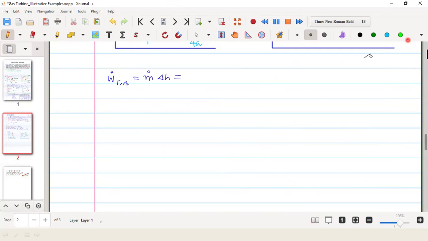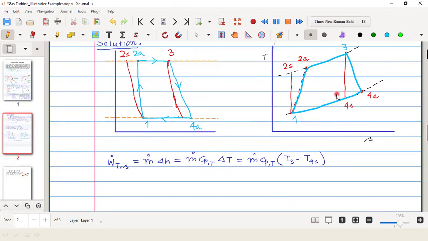That is m dot Cp for the turbine multiplied by delta T. So that is equal to m dot Cp for the turbine multiplied by (T3 minus T4s). T3 minus T4s. Actually, this is theoretical.